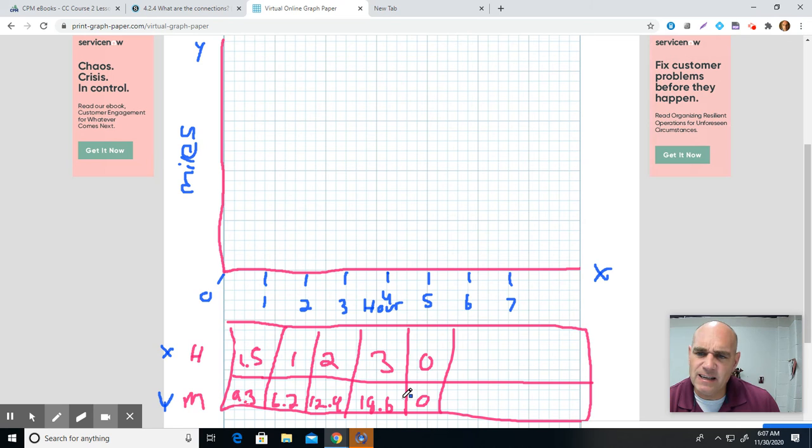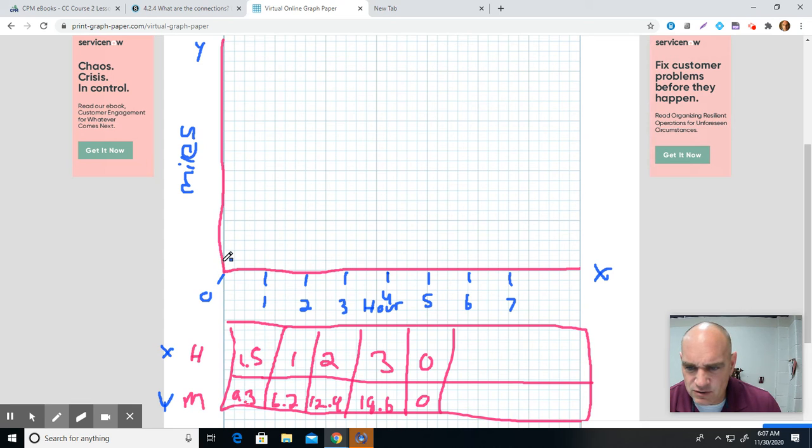Let's see. What do I want to go by here? So we have 18.6. Counting by 5, 10, 15, 20, that's only going to get me there. I'm going to make every line worth 2. So my scale is going to be 2 on this.